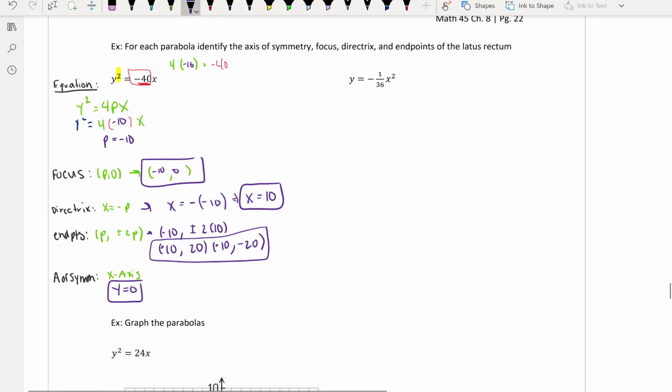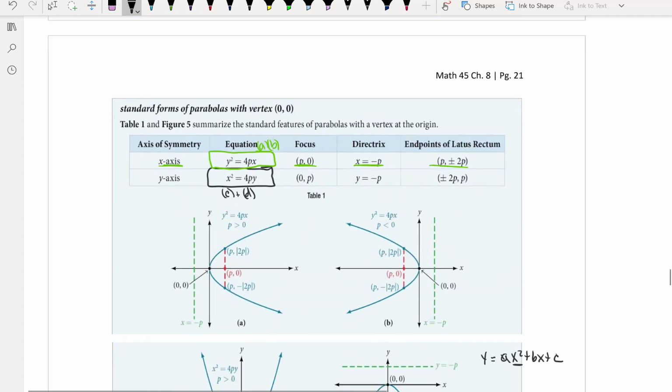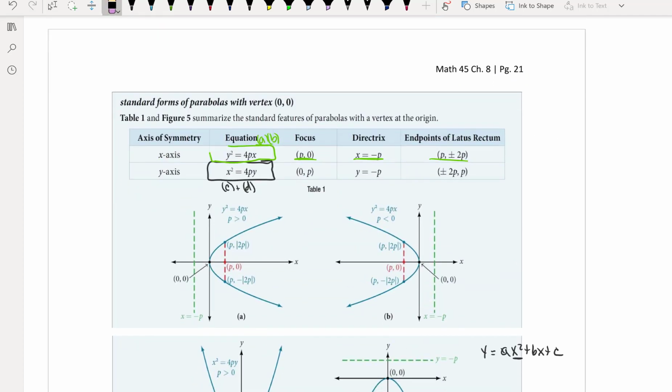So we're going to use this kind of setup to help us with our second equation that we have. So we are going to want the equation. And what I'm going to do is keep flipping back to that chart. Now, if I go back to that chart, I'm no longer looking at the green value, because I have an x squared.